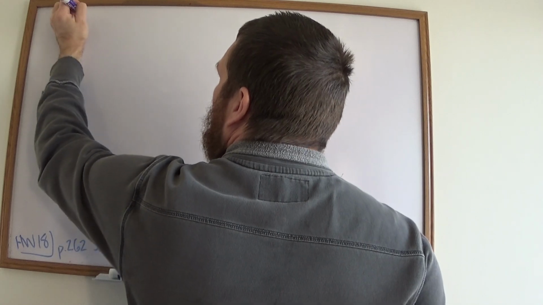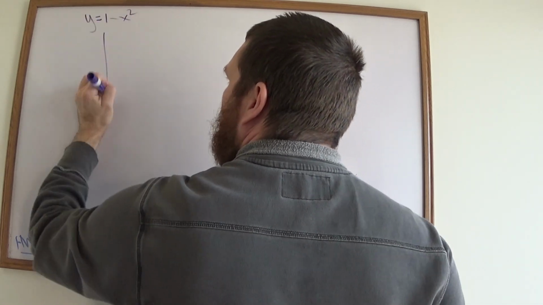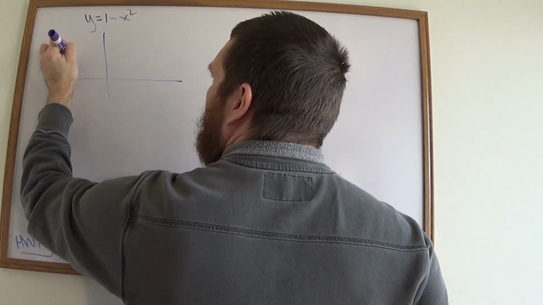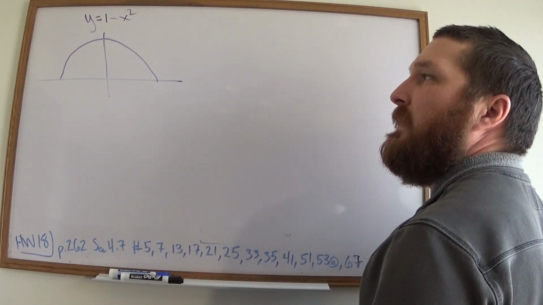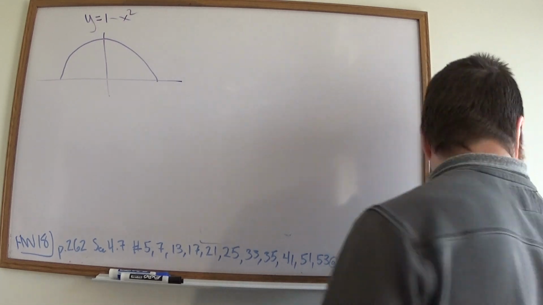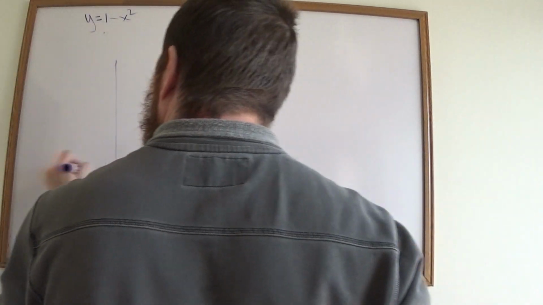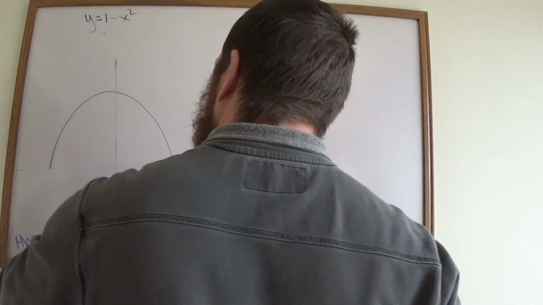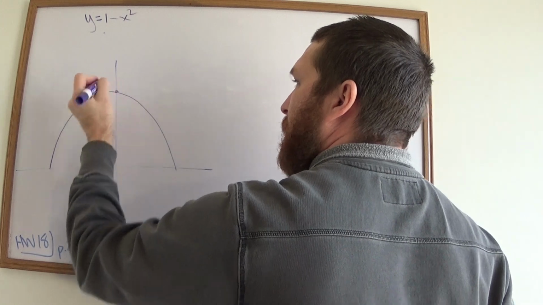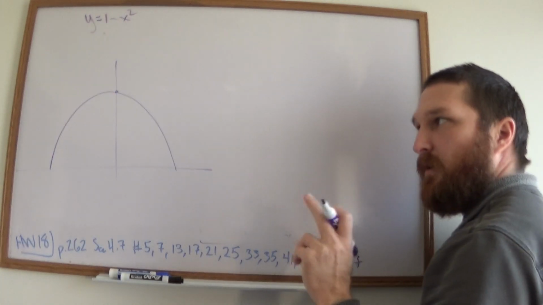The parabola, y equals 1 minus x squared. It's like that. We're only going to take the top half. Here's the problem. Find the isosceles triangle.